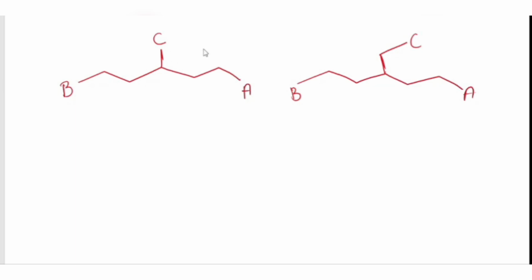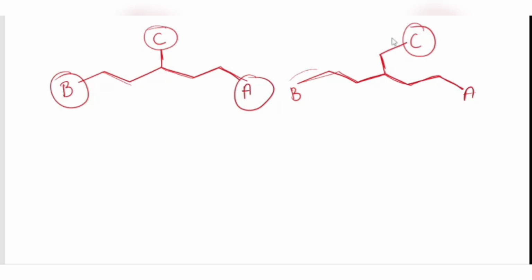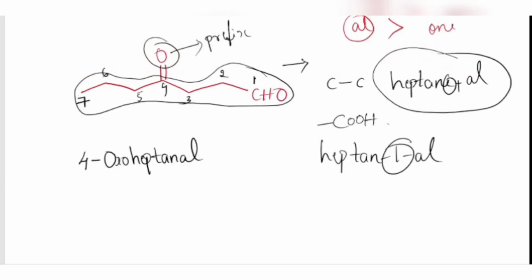There is a difference between these two compounds. Here all 3 functional groups are attached to the same principal chain. In the other case, this is the principal chain, and the third functional group, C, is not directly attached but attached through some substituent. In this case we have two types of nomenclature. I will discuss it in detail.